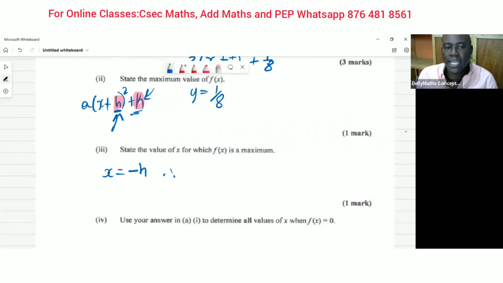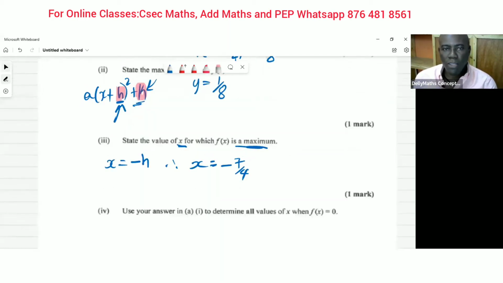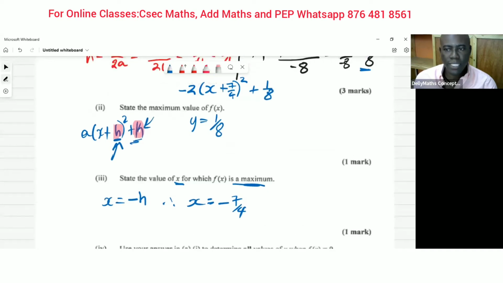So in this context, state the value of x for which this is a maximum. It's going to be where x is equal to -7/4. That's the x value at which f(x) is a maximum. And all of those responses are from the completed square that we have.